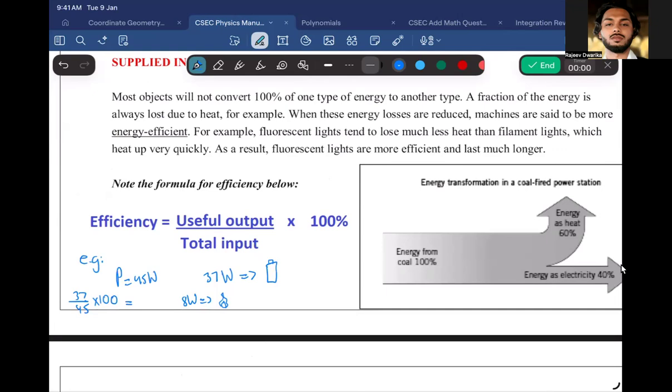And how efficient would that be? 82.22, right? 82.22%. Nice.